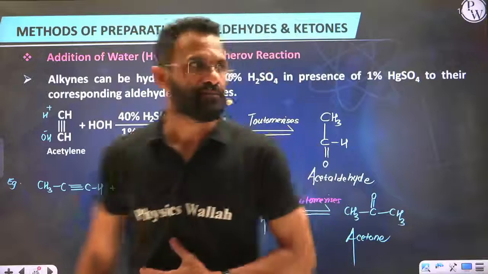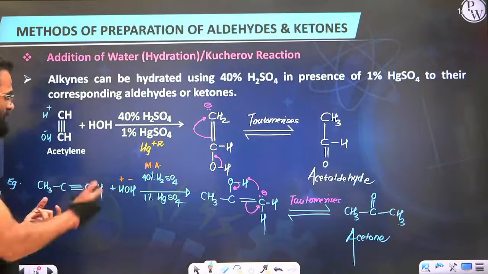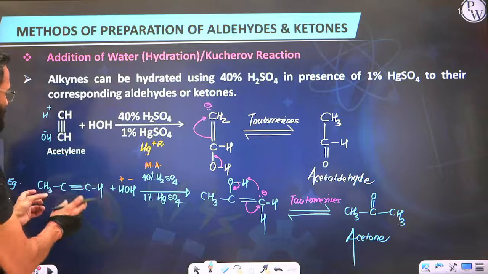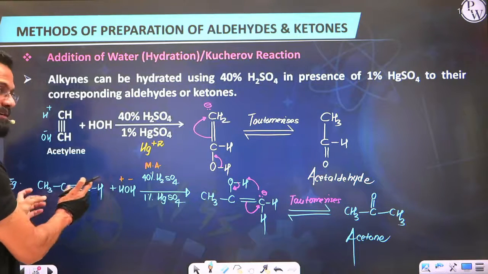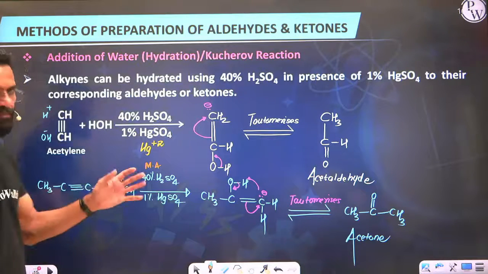Now look, you might be thinking, what if we have a non-terminal alkyne, meaning even this is substituted by CH3. As long as this alkyne is symmetrical, then addition of water is going to give you the same product anyways.